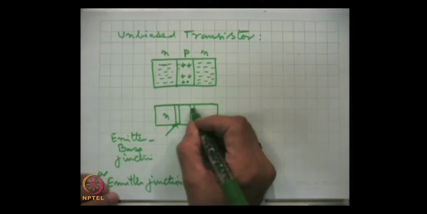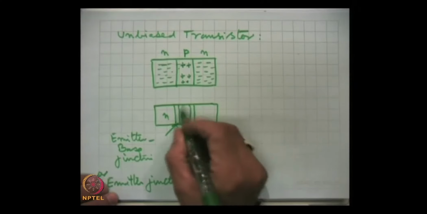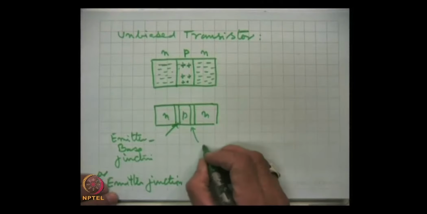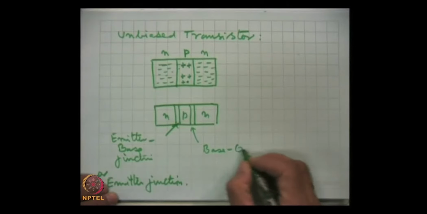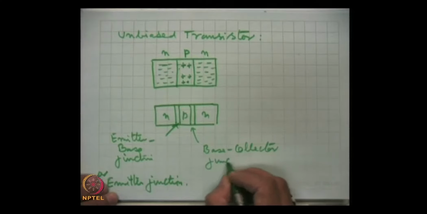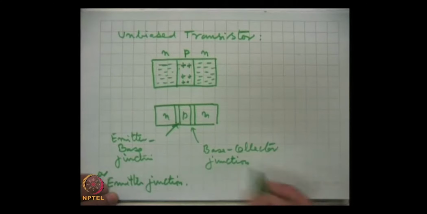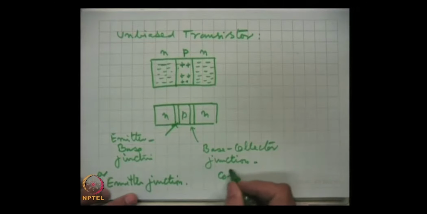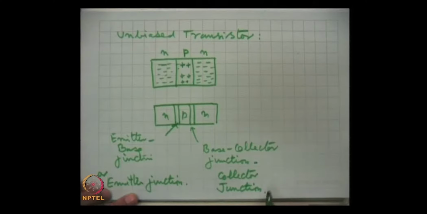So, this is what we call the base collector junction, or simply we may call it the collector junction.